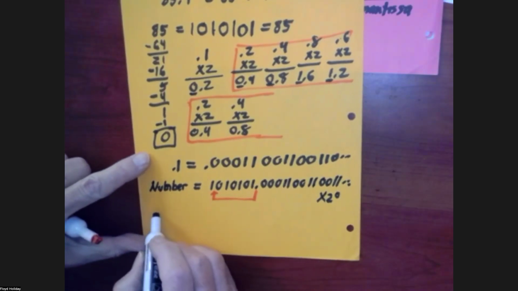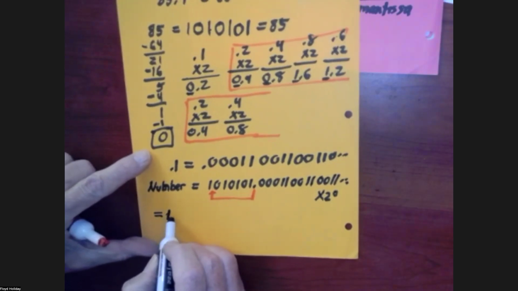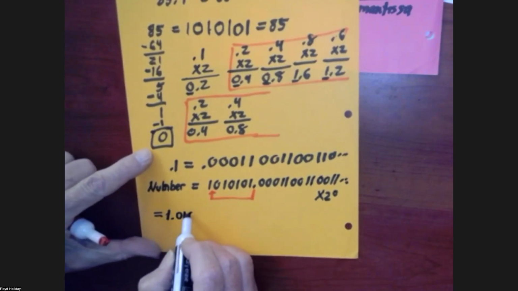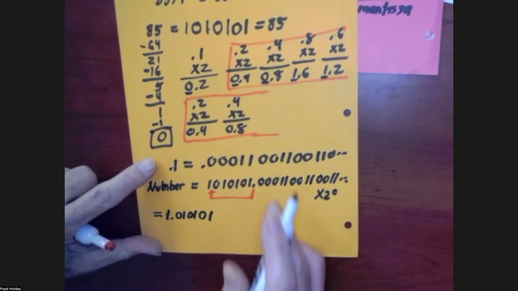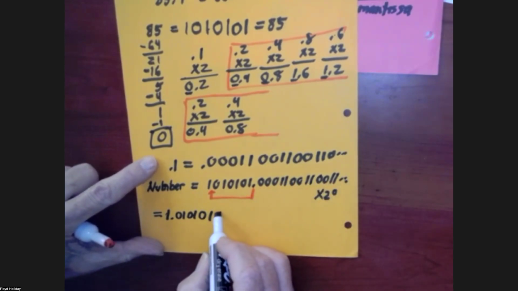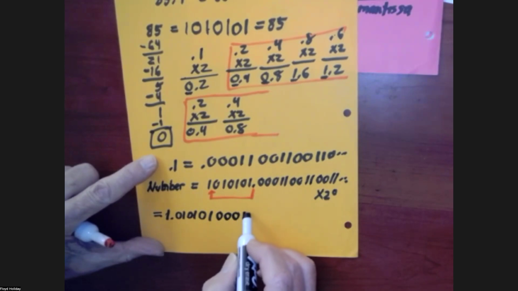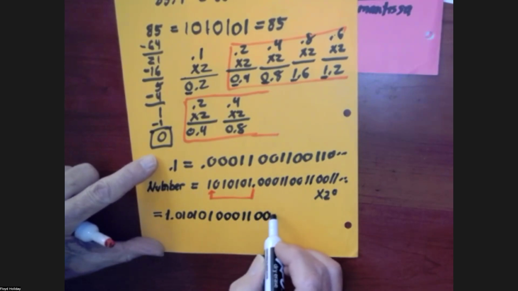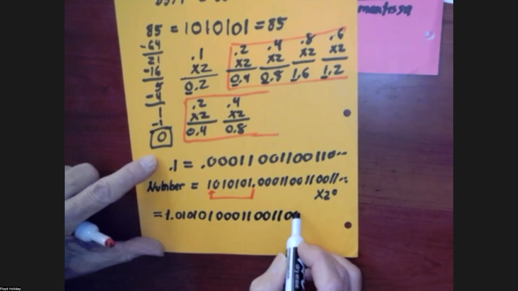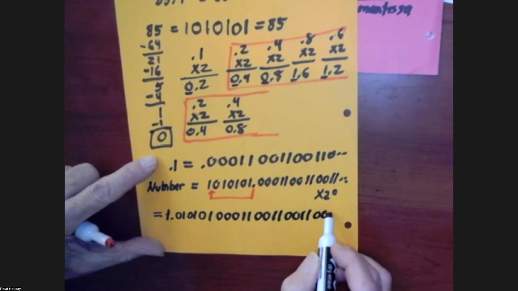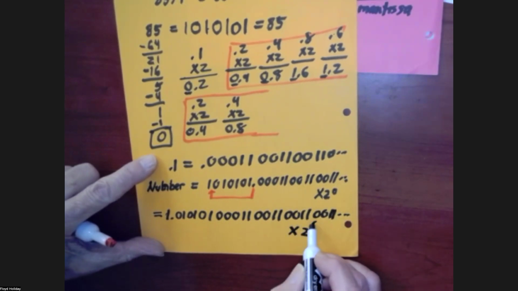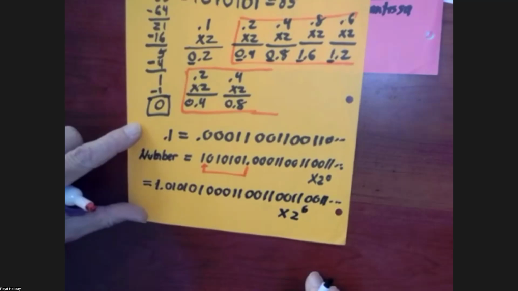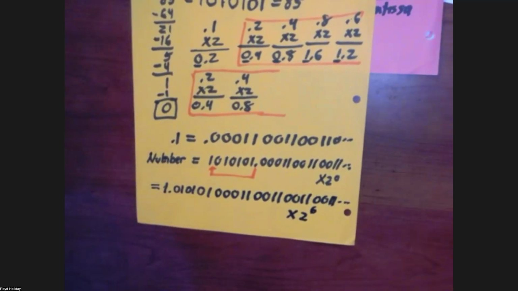Then it reads 1.0101101, that's the 6 places, and then the rest of the mantissa continues, 00010..., times 2 to the 6. Looks like that.